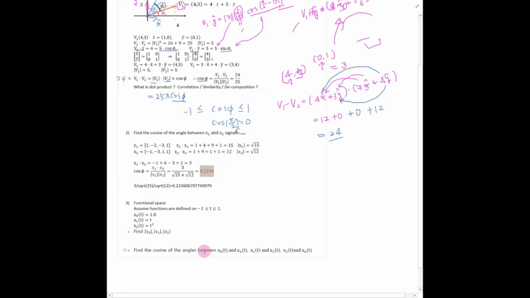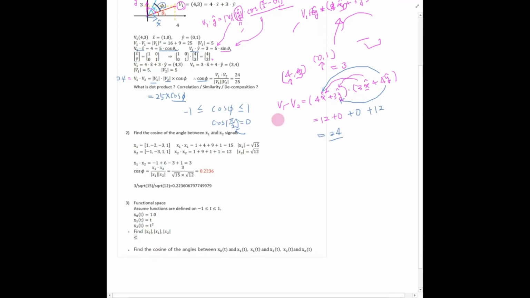Now I would like to move on to the functional space. In the functional space, I assume that x0(t), x1(t), and x2(t) are defined between -1 and 1. x0(t) is constant, it's 1. x1(t) is t, and x2(t) is t squared. I would like to find the magnitude of each function. To do that, we need to take a dot product between functions.